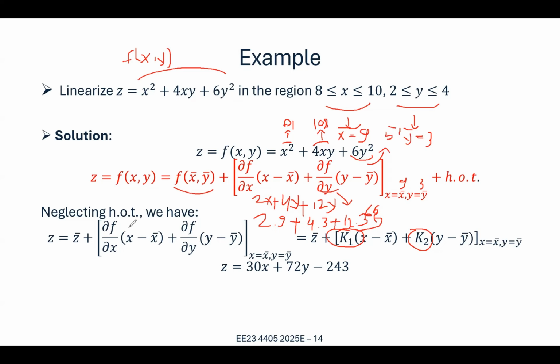So that's the z bar. Then we arrive at this equation, which is the linear approximation of this nonlinear curve, with two variables, a three-dimensional curve.